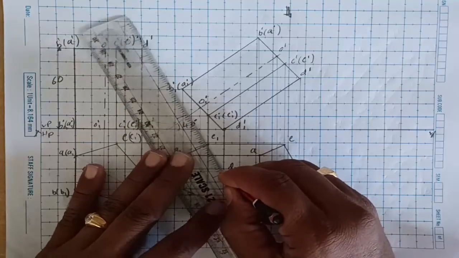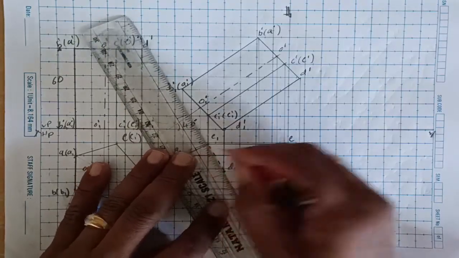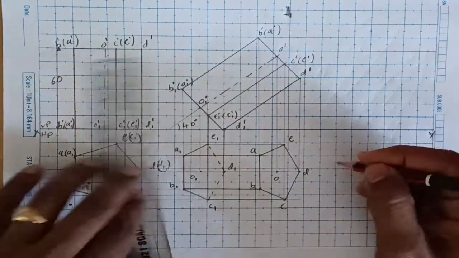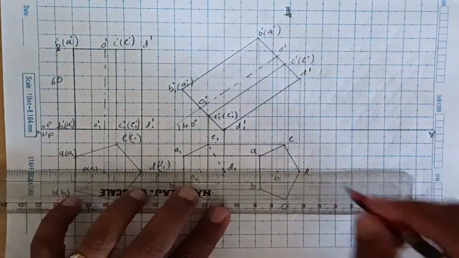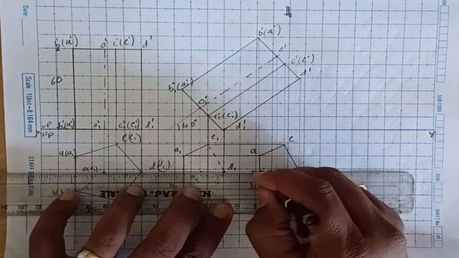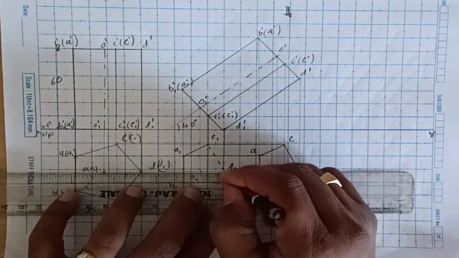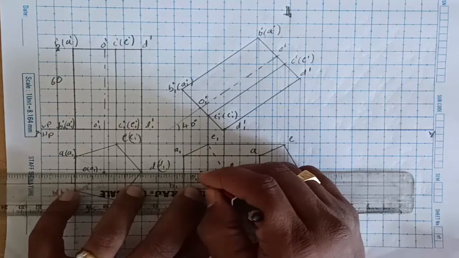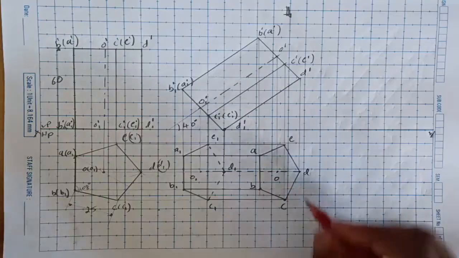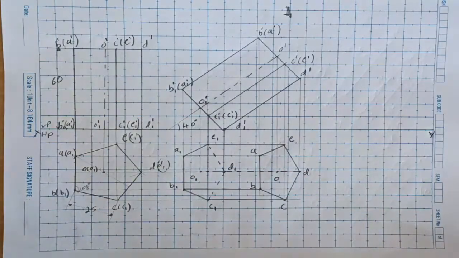That is D1 to E1, and then D1 to C1, as well as D1 to D. All these three edges will be hidden. And here center line you can draw only this portion, the center line here. Like this we finished the second step. All the visible and hidden edges is finished.